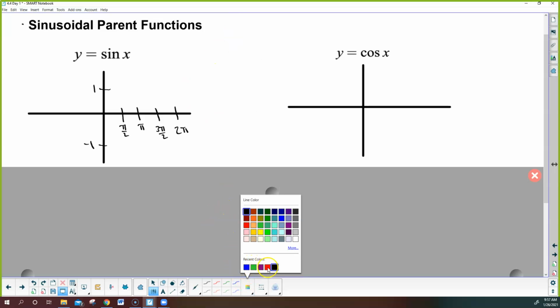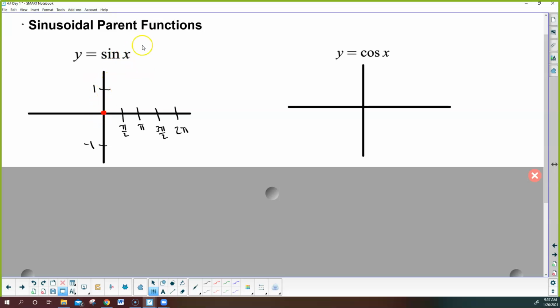So what do you need to know about the sine function? Where does sine start? Sine starts every single time at the midline unless there's a vertical shift or a horizontal shift. So in our parent function, sine starts at the midline.